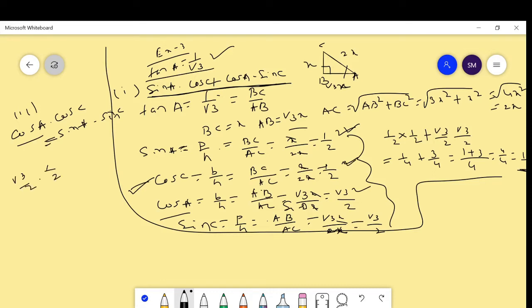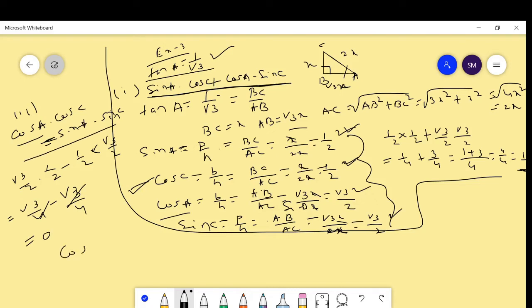Minus sin A is 1 upon 2 into sin C is root 3 upon 2. Then this is root 3 upon 4 minus root 3 upon 4. Cancel. Then we get the value of this is equal to 0.